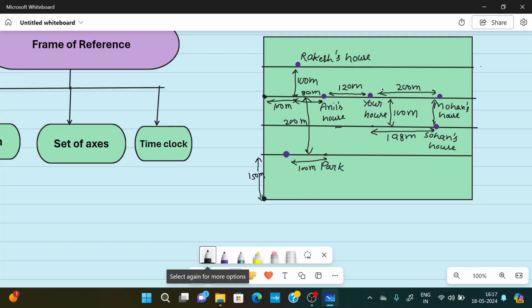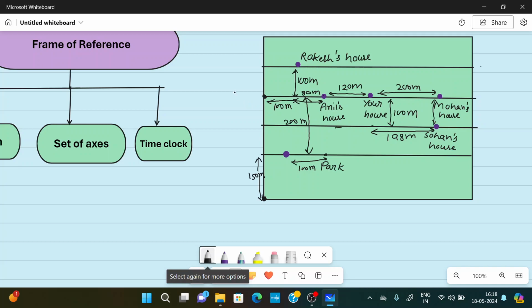Now, if you want to describe the position of your house in a single way to both of your friends, then you need to choose a point as reference point about which both of your friends know. Let us say this left corner of the street is such a point. Then you will describe the position of your house by taking this left corner as the reference point, and you will say that my house is 300 meters right from the left corner of the street.